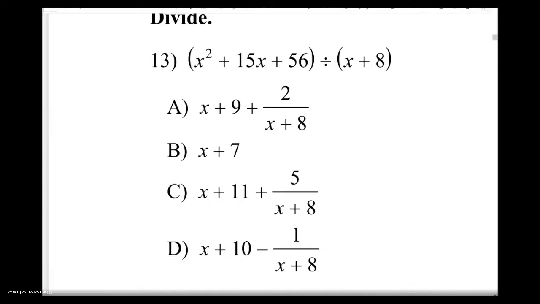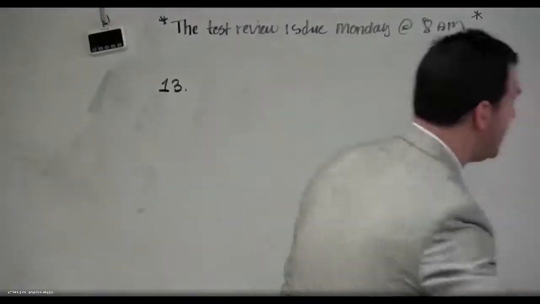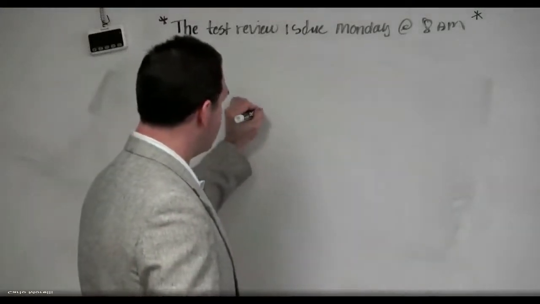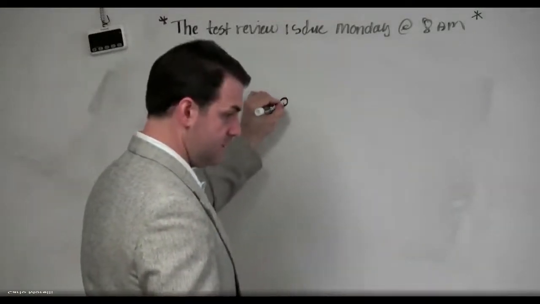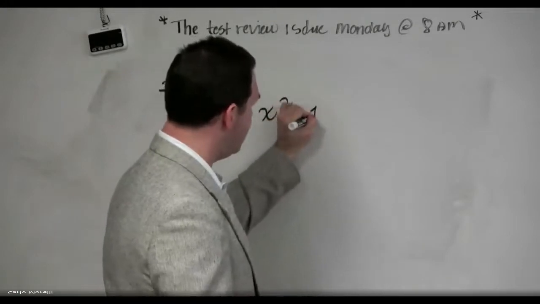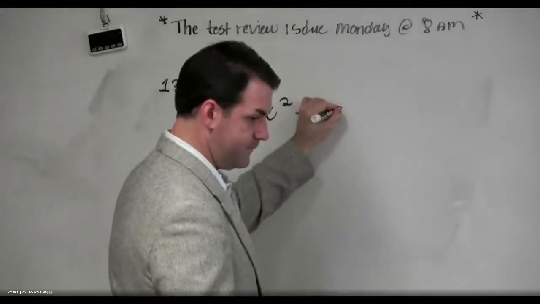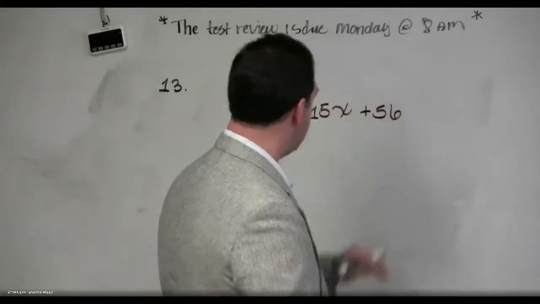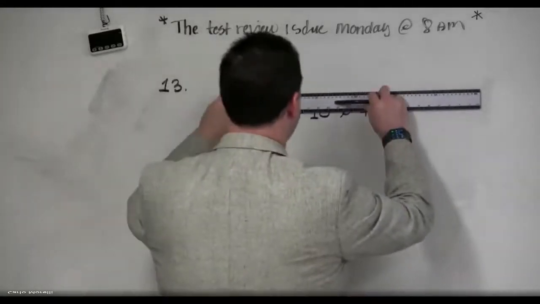Number 13. So let me show you what I'm doing so you know what I want you to write. I want you to write x squared plus 15x plus 56. And then I want you to put a huge division bar over that.